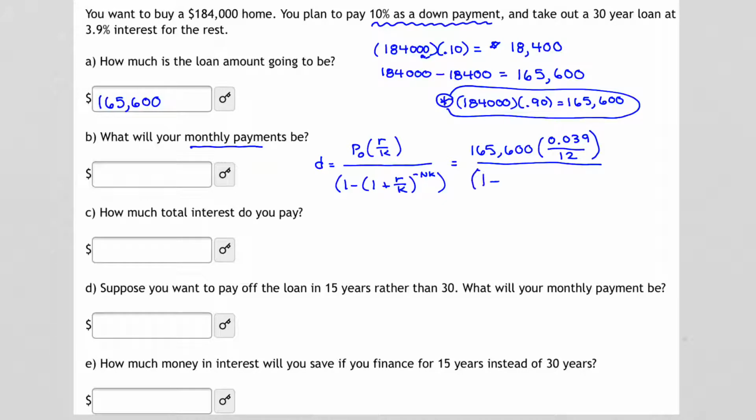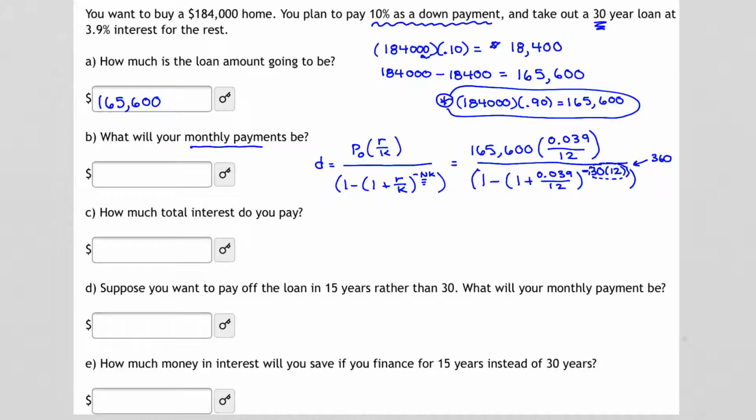Divide that by 1 minus the quantity 1 plus, again, R, 0.039 over K, 12, raised to the negative, now I need NK. N is my number of years, and my number of years is 30. K is 12, so up here in the exponent, I'm going to take 30 times 12, or 30 times 12 is actually 360.